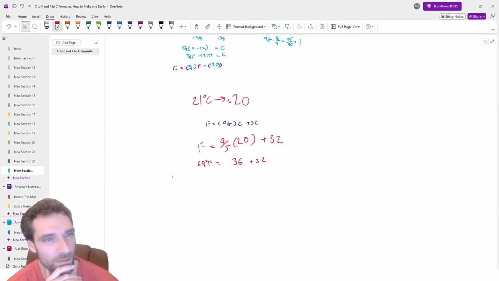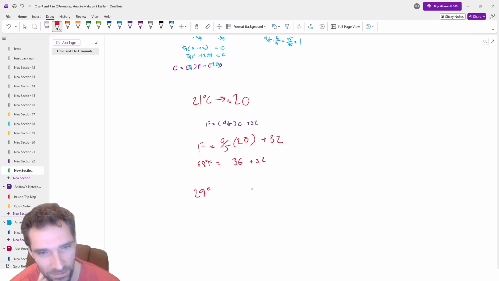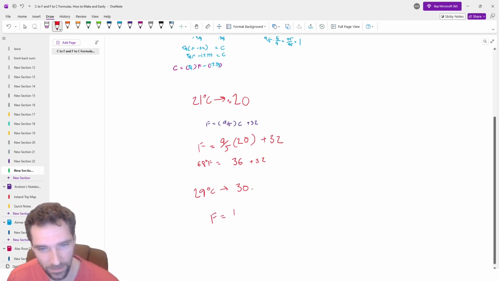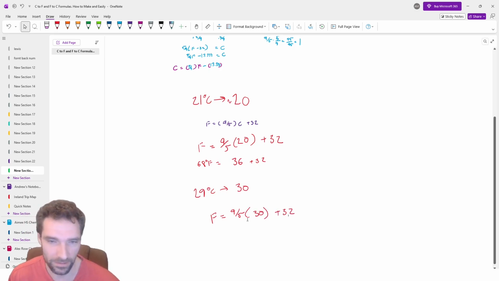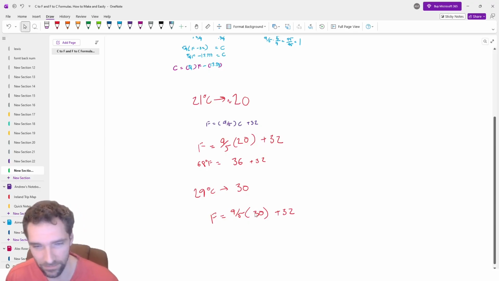Now, if you wanted to go to, let's say it was 29 degrees Celsius, I'm just going to round that to 30 degrees Celsius and plug that into the same sort of formula. So I've got Fahrenheit, I've got 9/5, I've got 30 here, plus 32. Now 30 is 6 times 5, so now it's just 6 times 9.